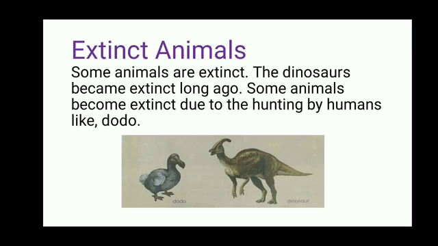Some animals become extinct due to hunting by humans, and the example is the dodo. So, because of such actions of humans and climatic conditions, lots of animals are no more alive on this planet Earth.